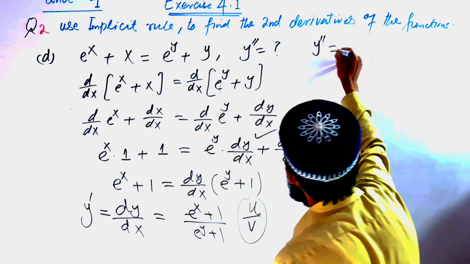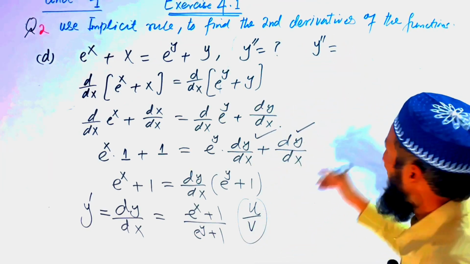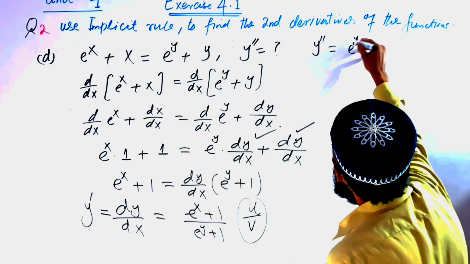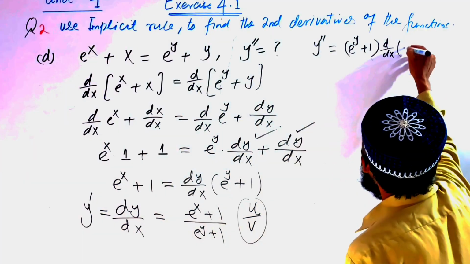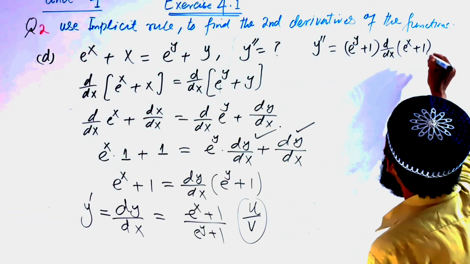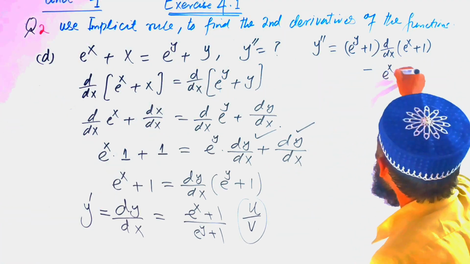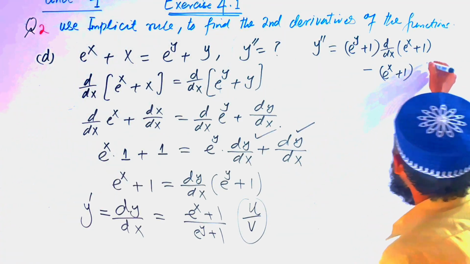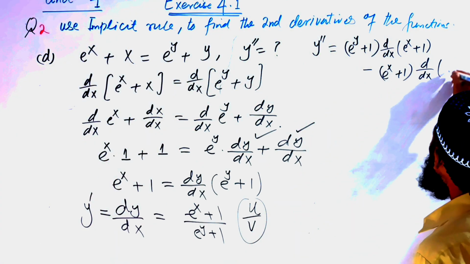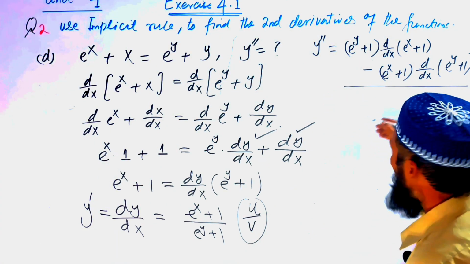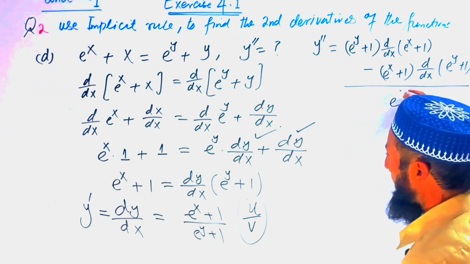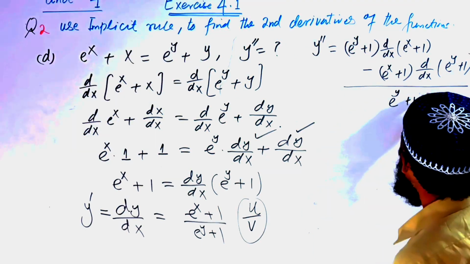So y double dash is equal to e power y plus 1 times the derivative of e power x plus 1, minus e power x plus 1 times the derivative of e power y plus 1, divided by e power y plus 1 whole square.